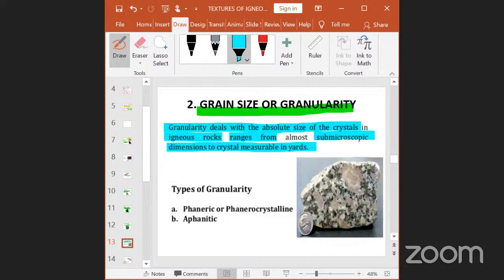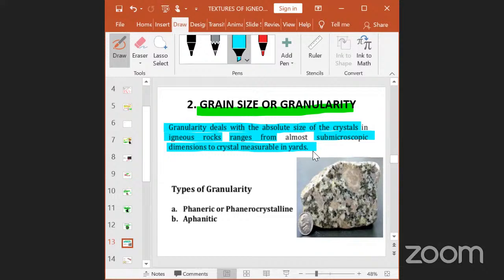Granularity depends on the physical conditions that prevailed during the crystallization of magma. Mineral grains occur in different sizes. The presence of volatiles, low viscosity, slow cooling, and also great pressure help to grow large minerals.